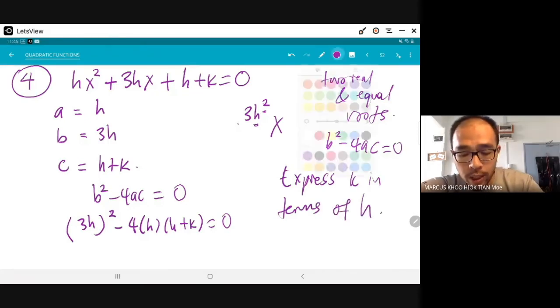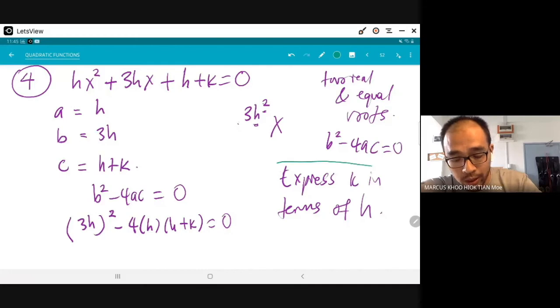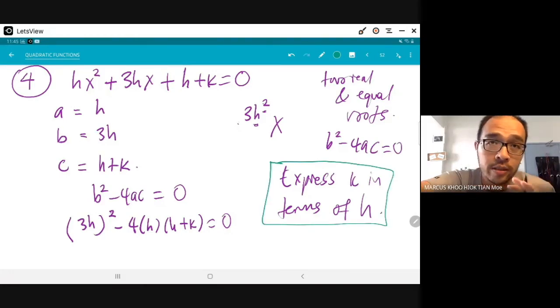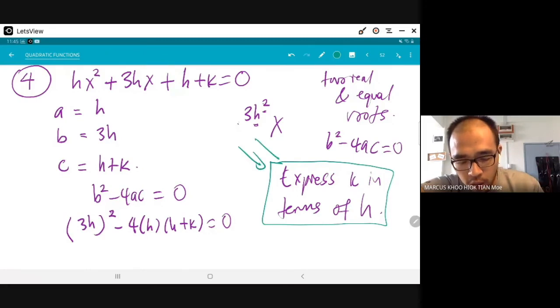Now the reason why I want to answer this question is because in AdMaths we see these questions a lot. I give you a situation and say express k in terms of h. So I want you to understand what this means.